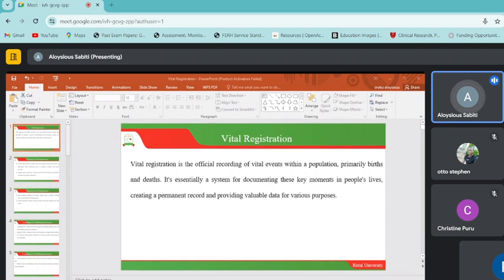And therefore, when you're referring to legal framework as a component of vital registration, it is defined as a set of laws and regulations mandating reporting of vital events and establishing procedures for registration. So, a legal framework means that this is a nationwide, legally approved, legally meaning by the authorities that are meant to do so.